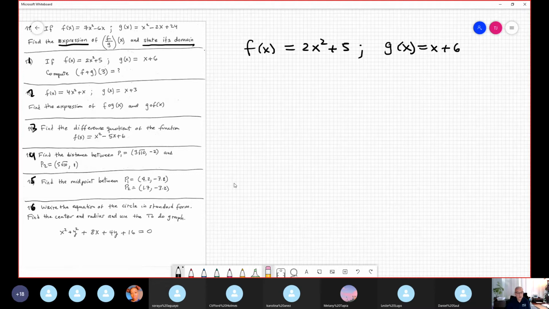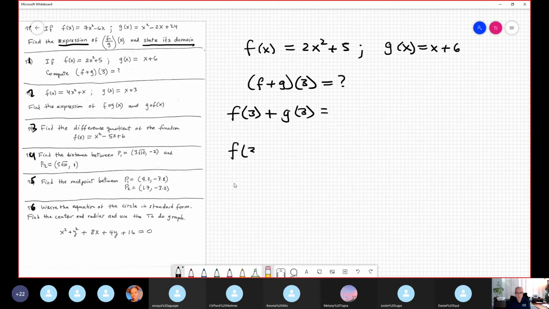Okay, now they want you to compute in symbolic way f plus g evaluated at 3. But this is equivalent to saying f evaluated at 3 plus g evaluated at 3. That's super easy. You're plugging in here. Okay, let's do it separately.